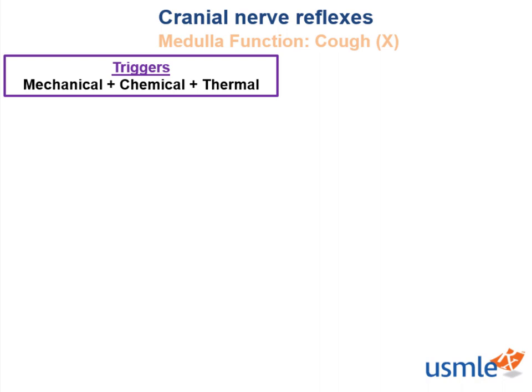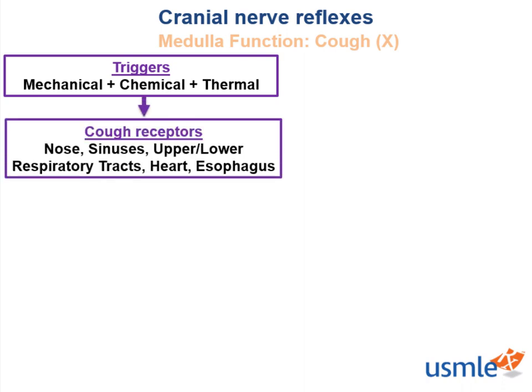The cough reflex assesses the health of the medulla and uses cranial nerve 10, the vagus nerve, for its afferent and efferent limbs. Various triggers can be sensed by the cough receptors in the nose, sinuses, upper and lower respiratory tracts, heart, and even esophagus.